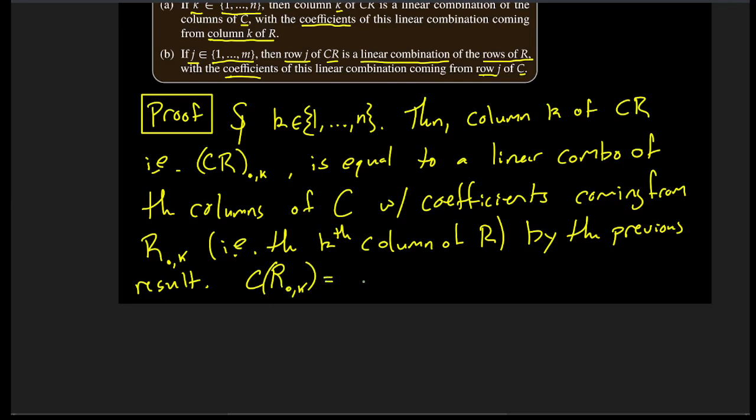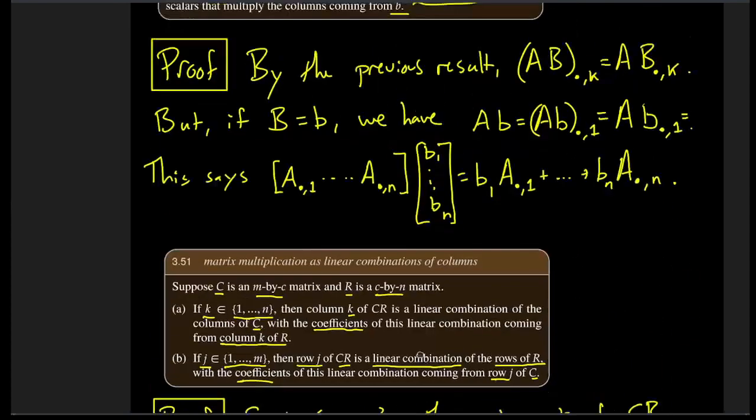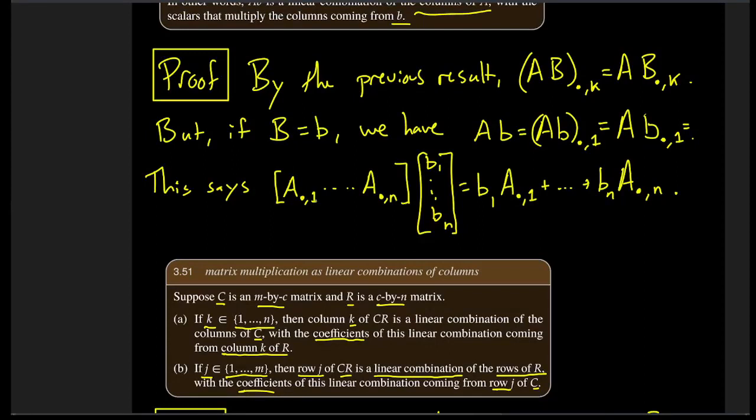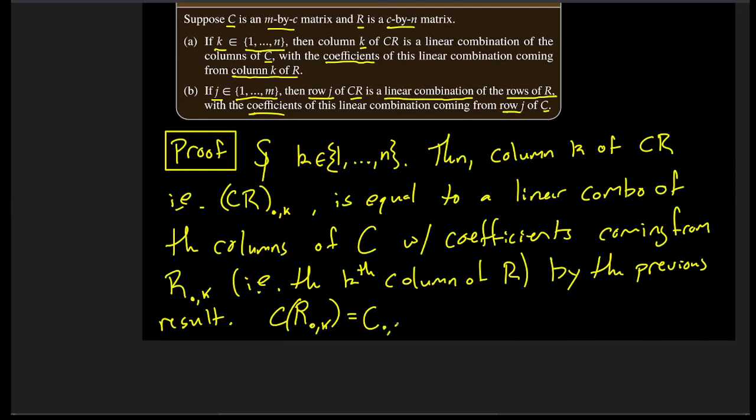This is just equal to, using the previous result, C dot 1 all the way through dot n, times R1k all the way down to Rnk. I've omitted some commas right there.